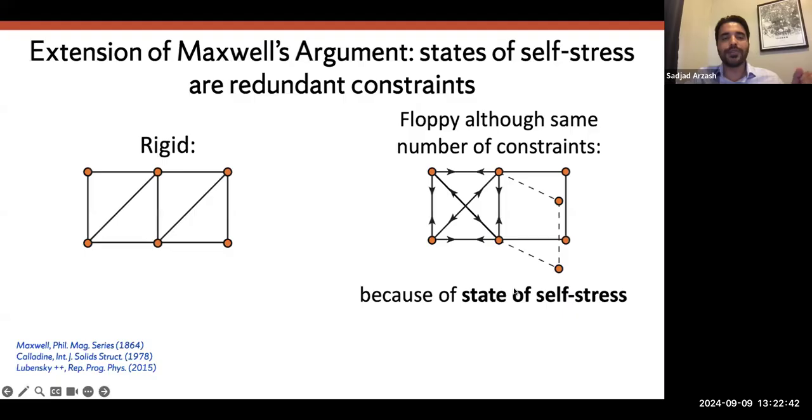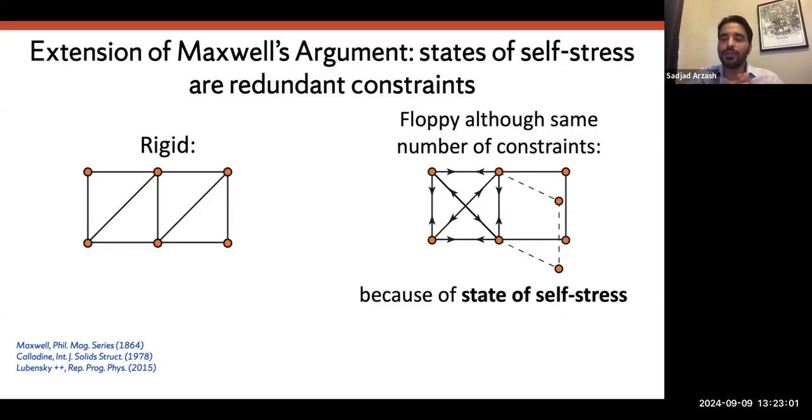This is not the whole story, of course. If we have these 2 snapshots of these 2 structures with the same number of nodes and the same number of constraints, the one on the left is actually rigid-like, and the one on the right is a floppy structure.